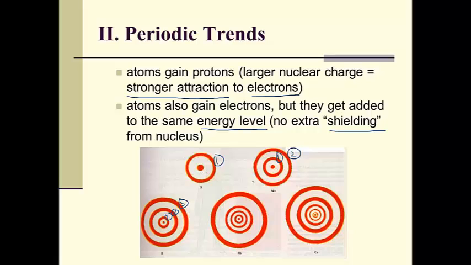The more walls it has to go through, the weaker the signal is going to be. So the weaker the attractive force is going to be. But as long as you go along the same row, you don't add any extra energy levels.